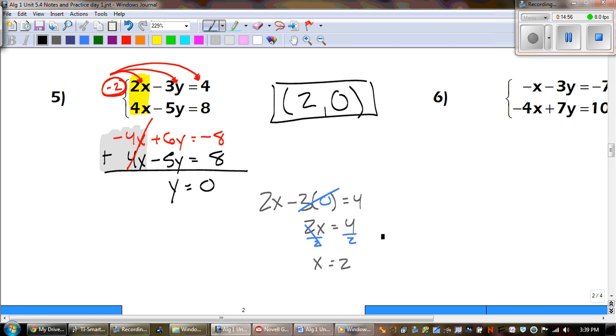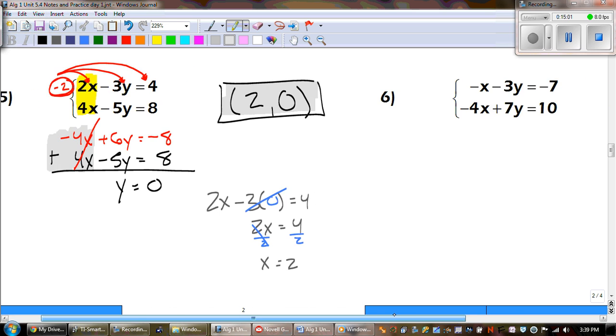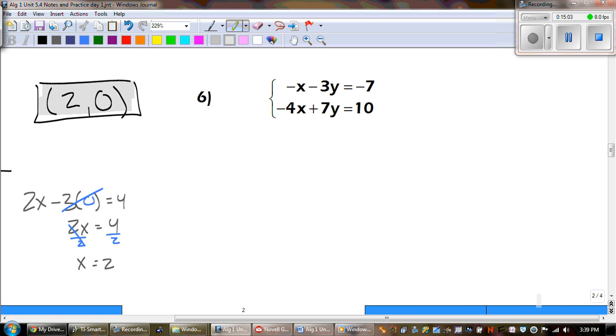What do you think? Can you try this last one on your own? I think you can do it. Do you want me to help you out? Okay, this is what I'll tell you. I want to cancel the x's on this one. So what number would I multiply the top equation by to make those opposites?